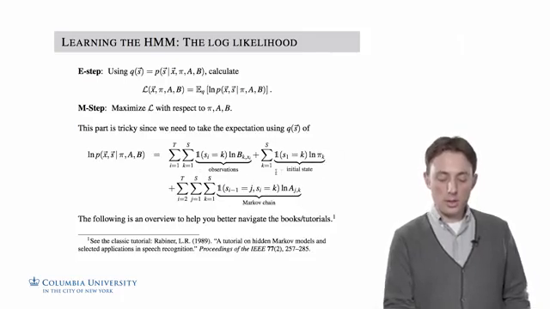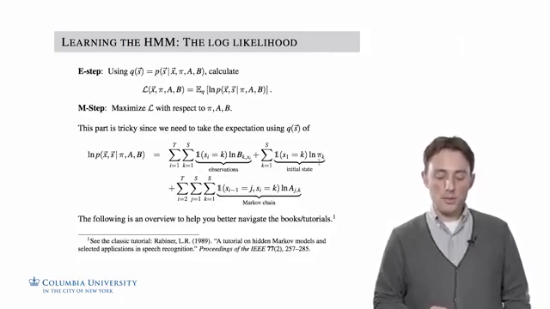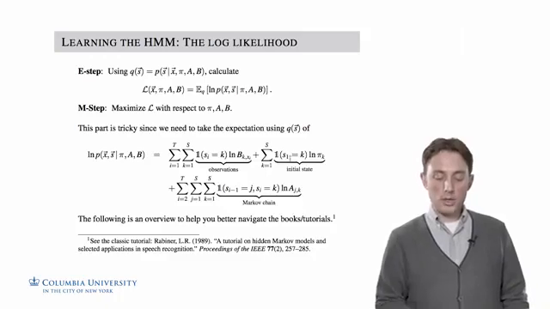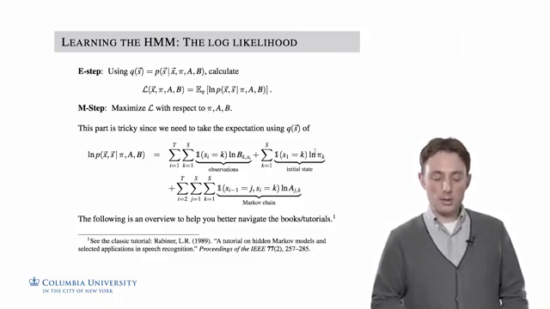So this term simply corresponds to the first state in the sequence, S1. I have to sum over all of the states, an indicator of which state I'm going to say I'm in, times the log of the probability of that state to start.